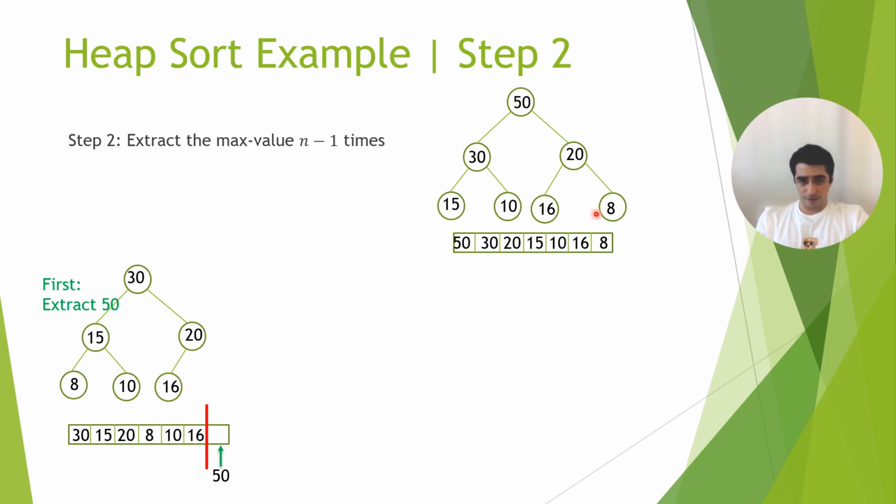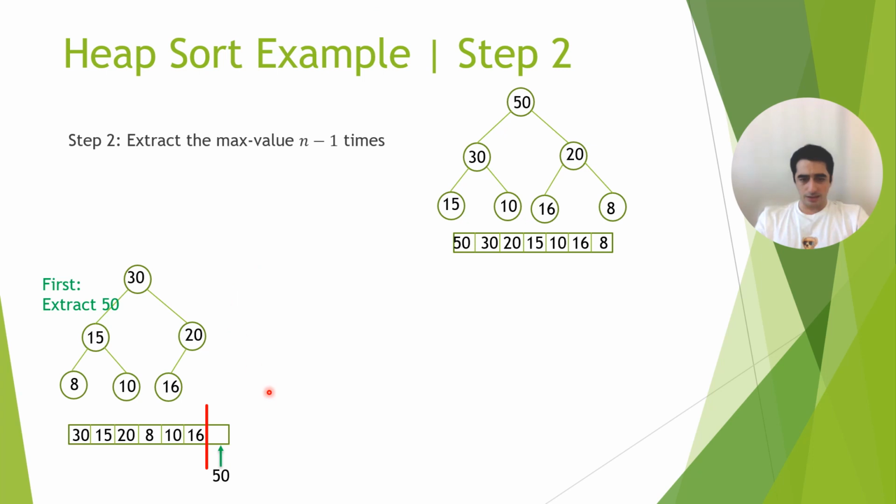You're going to swap 50 and 8. 50 will be in the last cell of this array, and then you're going to do a percolate down operation, because extracting the max changes the max heap property. It wouldn't be a max heap, so you need to fix the binary heap, so you have to do a percolate down to fix it.